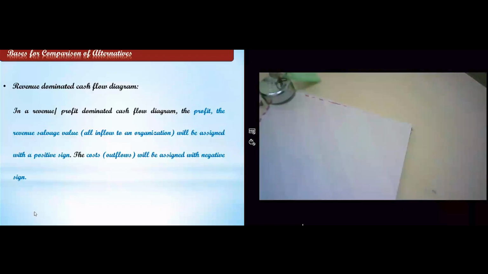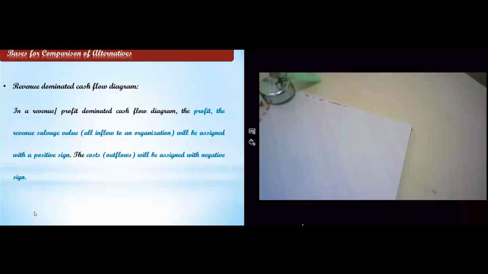Now, how to identify a numerical where you have the cost and revenue? That I will tell you when we are going to solve the numerical. Okay, so revenue dominated, revenue would be positive and the cost would be negative.